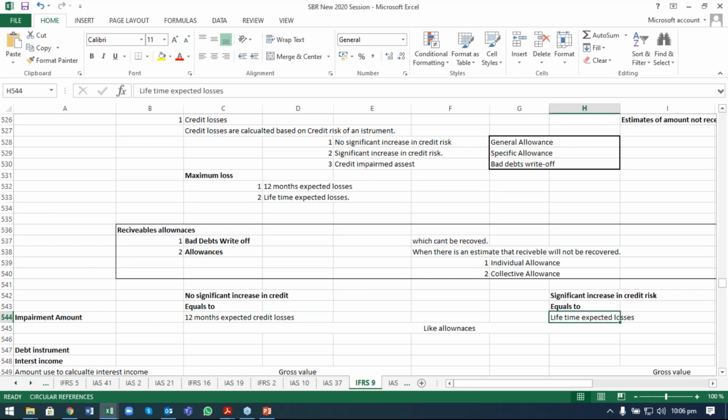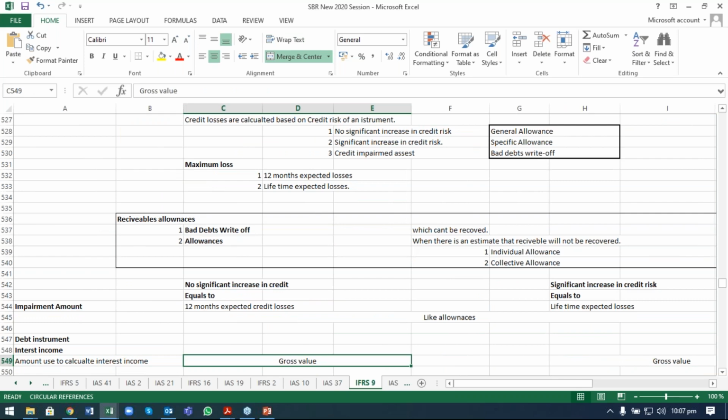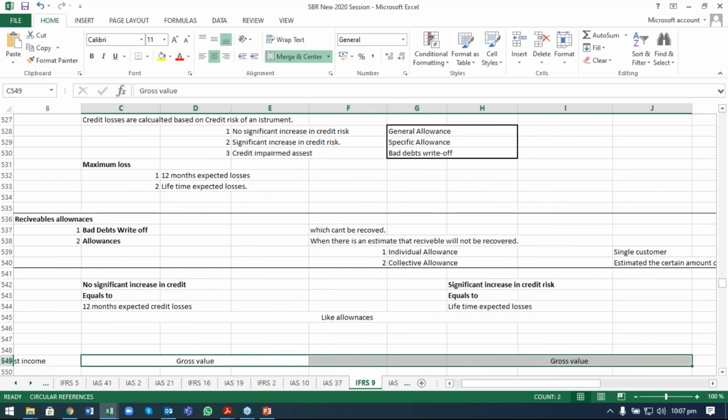And if there is a significant increase in credit risk, you have to calculate the lifetime expected losses on the financial instrument. The third thing is, after applying these two, the interest calculated on both of these assets, whether there is no significant increase in credit risk or there is a significant increase in credit risk, you have to calculate interest based on the gross amount of that instrument, right?